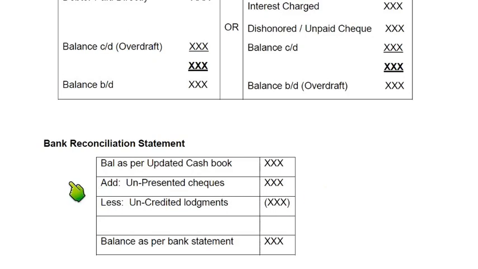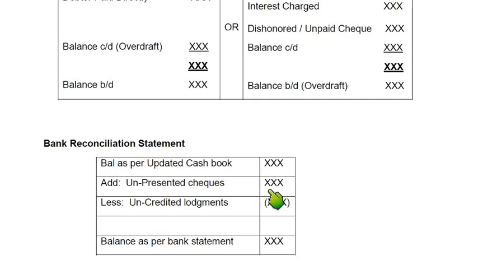Why are we adding it back? We are adding it back because as per our cash book records, the money has been paid to the supplier, but as per our bank statement records, the money has not yet been paid. Therefore, we are adding up the transaction so as to match our balance.